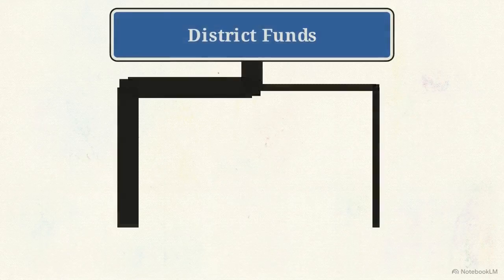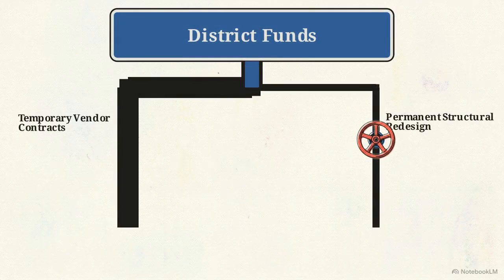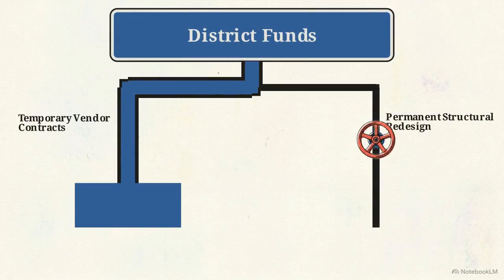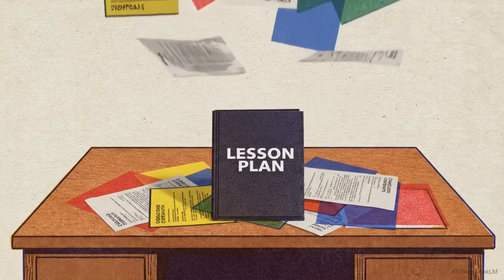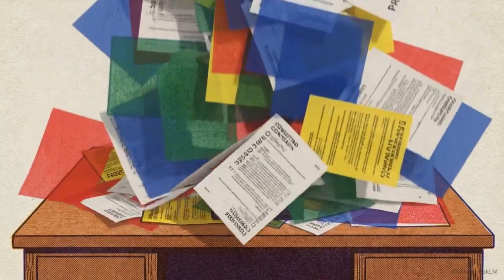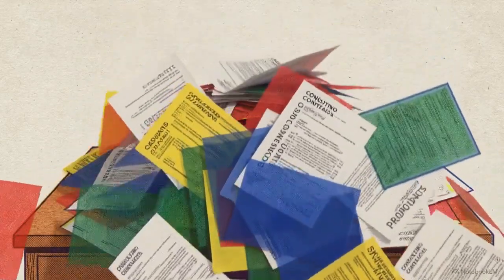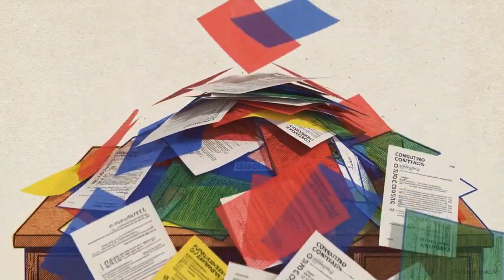Compare that to structural capital. Permanent changes, like lowering class ratios or altering the salary schedule to guarantee more prep time, are permanent obligations that are highly difficult to unwind. The infusion of nearly $60 billion in federal ESSER funds artificially accelerated this trend. Districts were handed massive amounts of temporary money that had to be spent quickly, flooding the system with short-term consulting agreements.